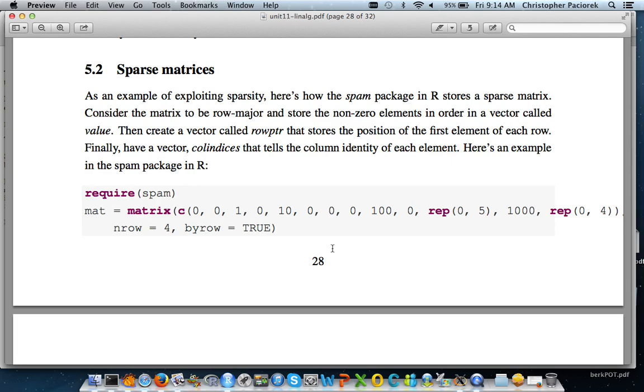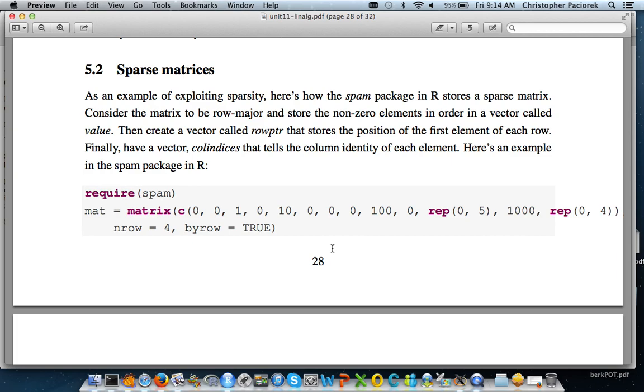So there are a bunch of different formats. One of the common ones is called compressed sparse row. Basically the idea is you're going to work your way across row-wise of the matrix. You're only going to store the non-zeros. And then you're basically going to store three vectors. One vector is going to be the entries that are the non-zeros. Another vector is going to be which column that particular non-zero is in.